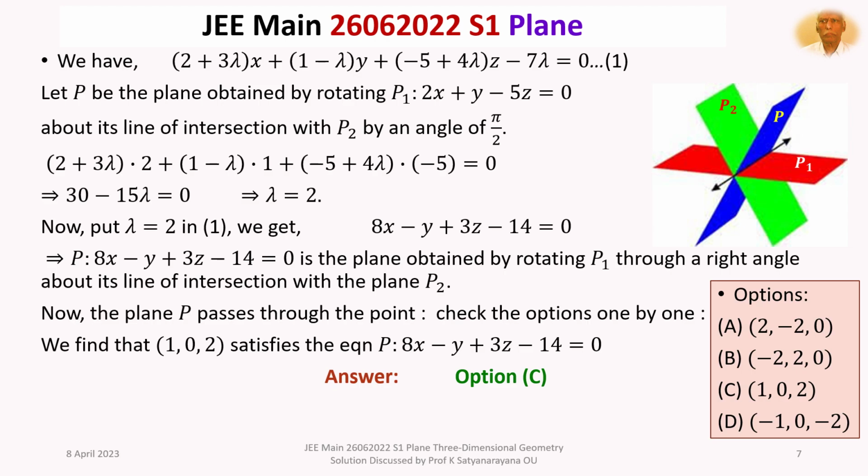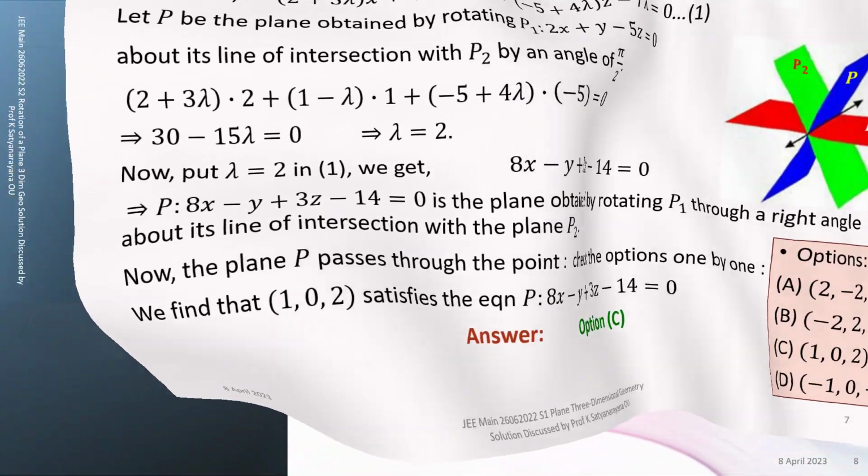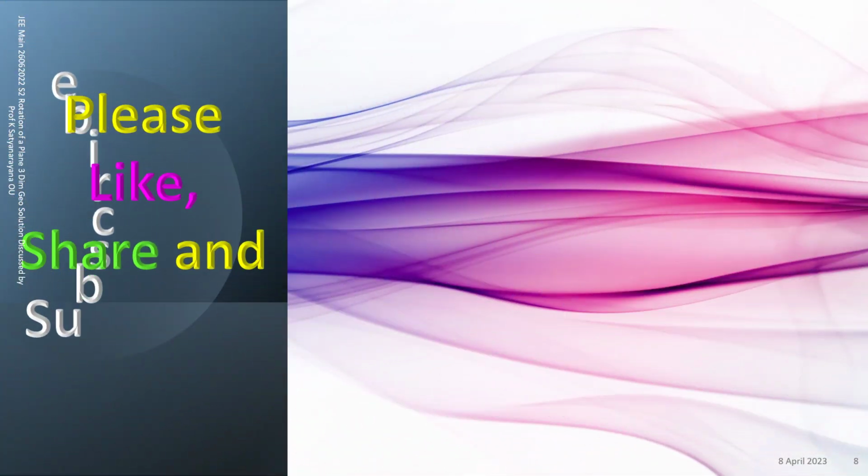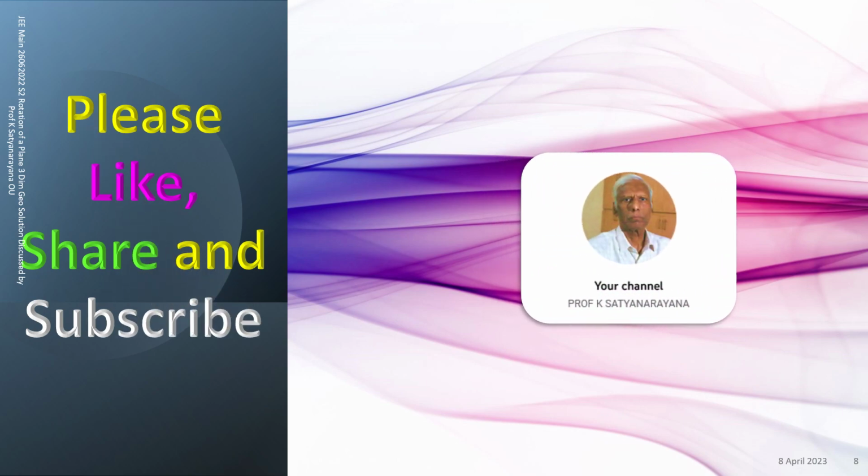Definitely, you should know what a family is, how it works, and what the orthogonality condition is, and apply all these things. Then you will get the answer. I am sure that you have understood the solution of this problem. I wish you all the best. Thank you.